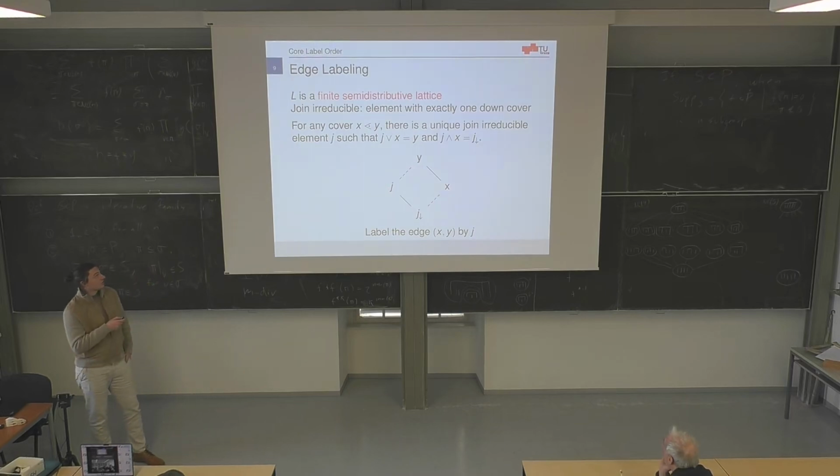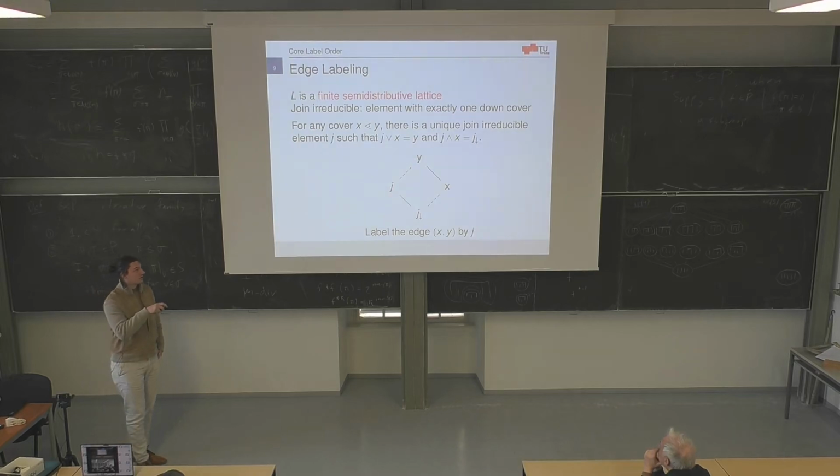And for any cover X covered by Y, there is a unique join irreducible element such that when I'm taking the join between the join irreducible one J and X, I get Y. And when I take the meet between J and X, I get the down cover of J. And then I'm labeling the edge, the cover relation X covered by Y, by the join irreducible element.